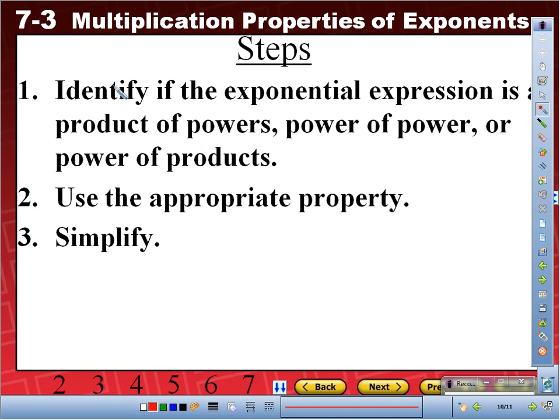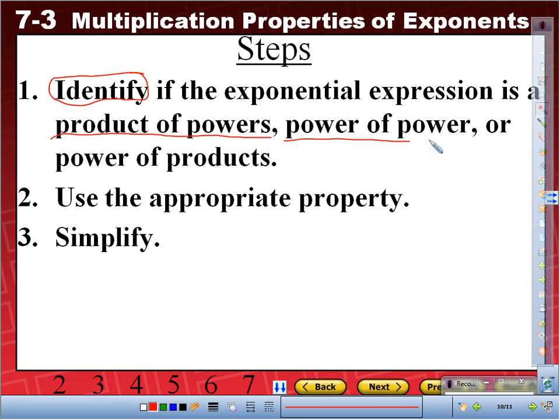Things to circle with red. First step, the word identify. Then underline all three properties that we're looking at today: product of powers, power of power, and power of products. Step 2, circle use, underline appropriate property.